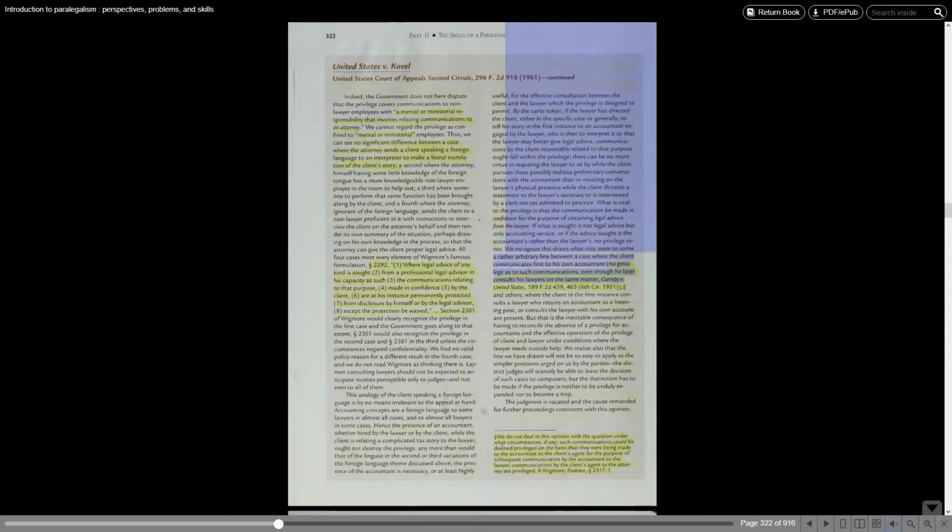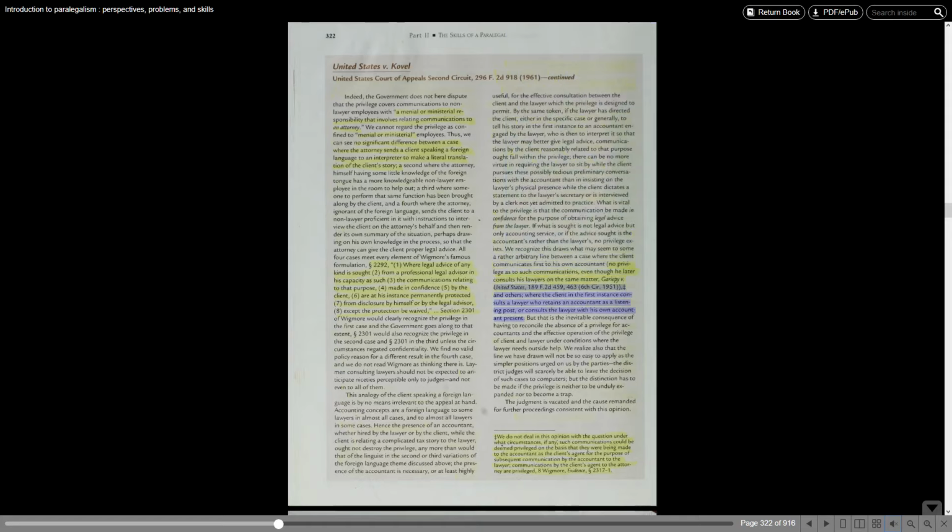We recognize this draws what may seem to some a rather arbitrary line between a case where the client communicates first to his own accountant, no privilege as to such communications, even though he later consults his lawyers on the same matter, Gariepy v.